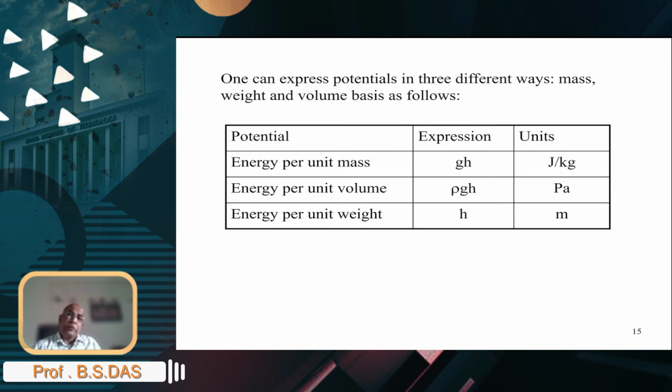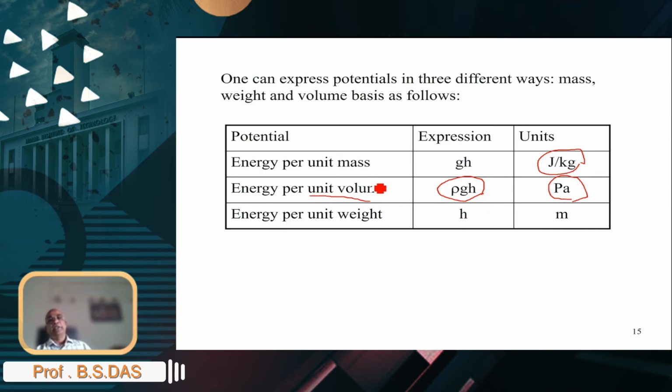So just like we could express potential energies per unit mass or potential energies per unit weight, you could also express potential energies per unit volume, and you can easily see that the potential energy per unit volume is a term which has the same dimension as pressure, a Pascal here, for example. So when we talk about energy per unit mass, we have joules per kg.